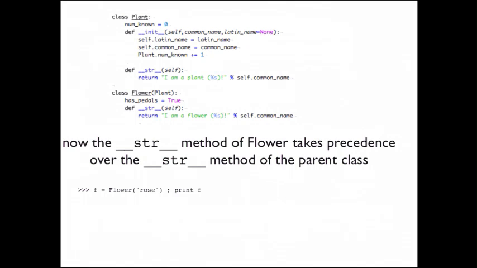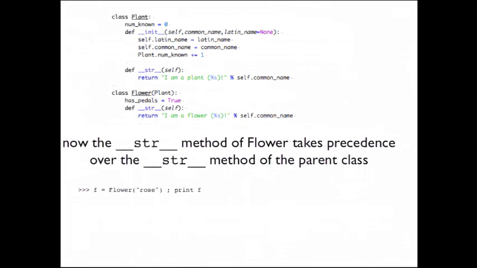So here we're creating a __str__ method. So I'm a plant, I'm a flower, inside of the Plant and inside the Flower respectively. Now the __str__ method of Flower takes precedence over the __str__ method of a parent class. So if you make one of these methods and your parent class has that already predefined, you're basically overwriting it.